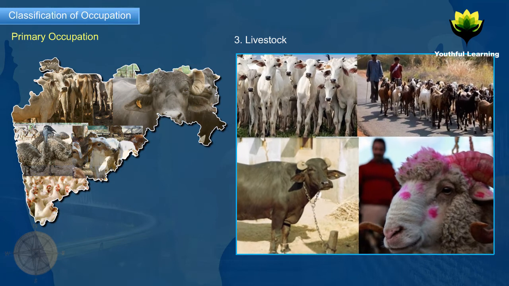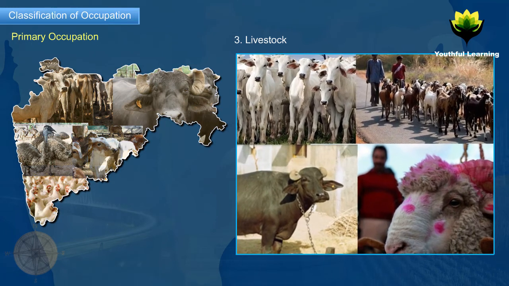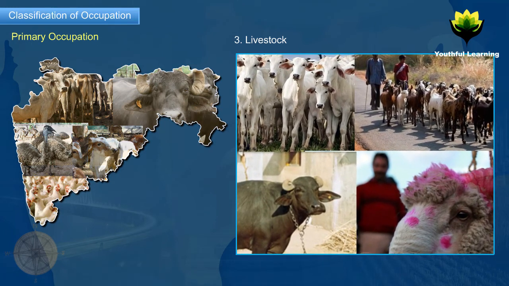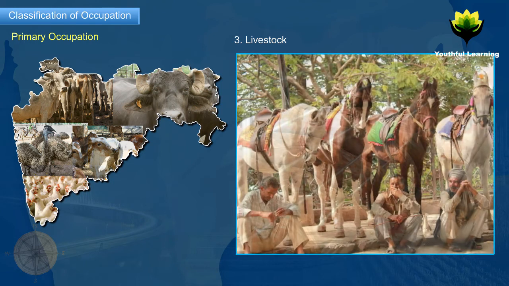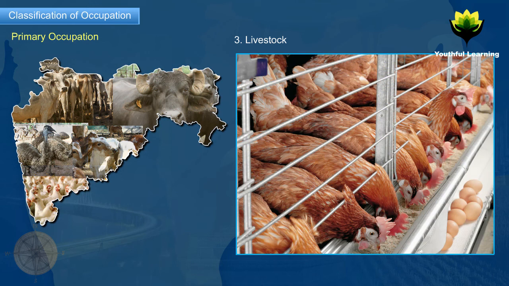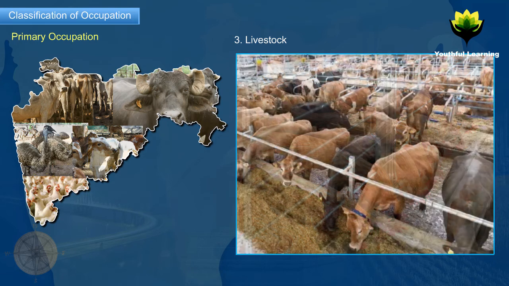3. Livestock. Livestock are domestic animals like cattle, horses, poultry, etc. raised on a farm for profit or for other commercial purposes. Livestock are raised throughout the state.